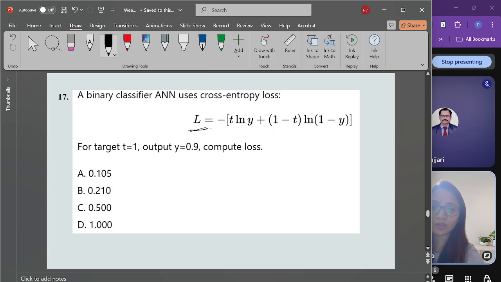Can you calculate for this question at least, and let me know what the answer is? At least try to compute it. The values are already given, and the formula is also given here. For a binary classifier NN that uses the cross entropy loss, what will be the value?